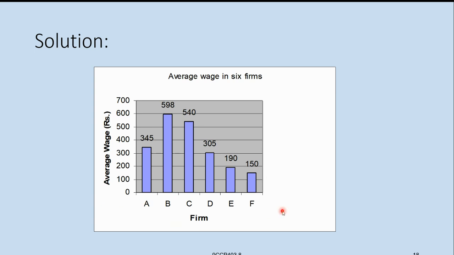These are the values of the x variable on the x-axis, and these are the values on the y-axis. So here the graph paper is showing average wage in 6 firms. 6 firms data is there, and the average wage paid to the workers.